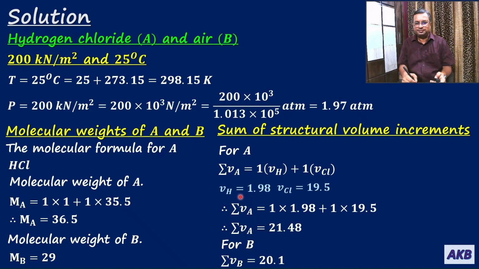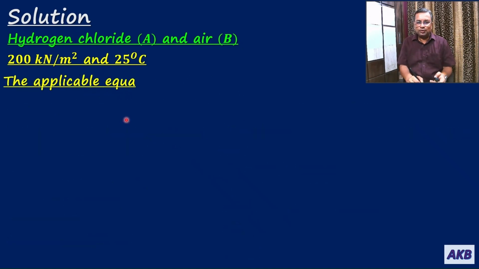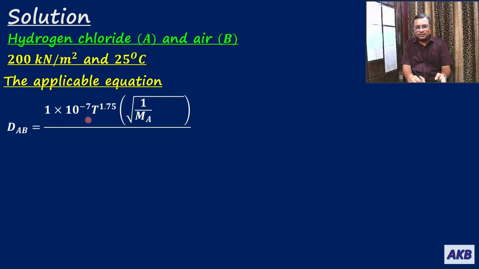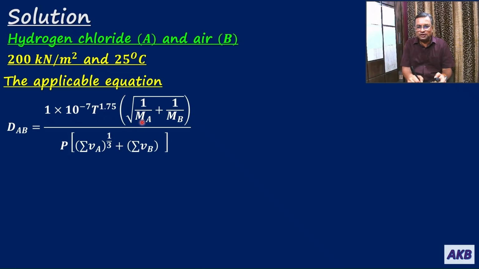Let us move ahead. The applicable equation is the one proposed by Fuller and his co-workers. DAB is equal to 1 into 10 to the power minus 7 into T raised to 1.75 into under root of 1 upon Ma plus 1 upon Mb divided by P into summation Va raised to 1 by 3 plus summation Vb raised to 1 by 3 and square of this.